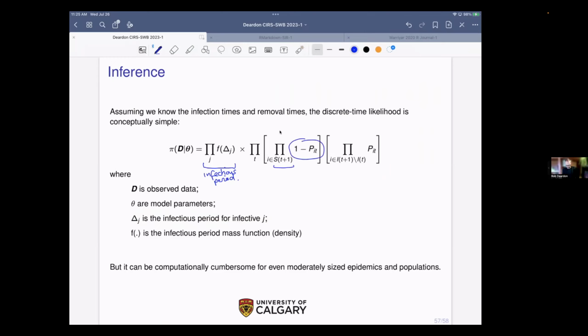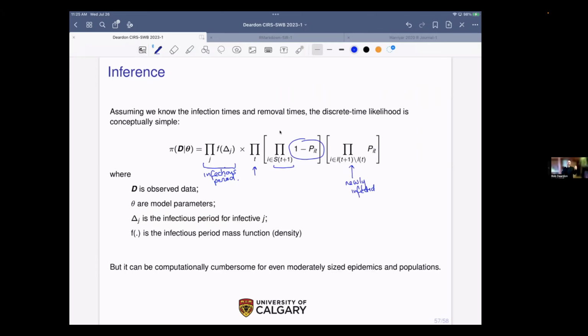Or you get an individual that is infectious at time t plus 1, but wasn't infectious at time t, so this is newly infectious. This is like our I star from before. And that happens with probability P. And then we take the product over all time, right? So the likelihood is very conceptually simple. It's like a heterogeneous Bernoulli-based likelihood, and then a component for the infectious period.